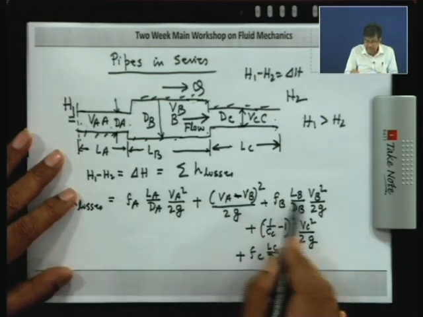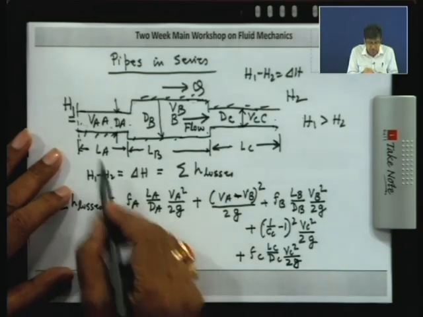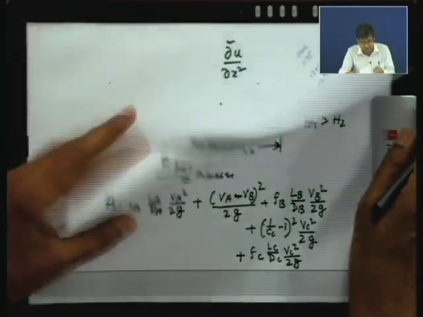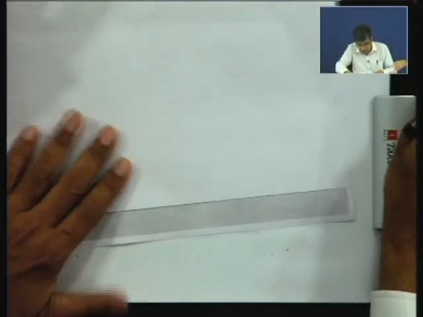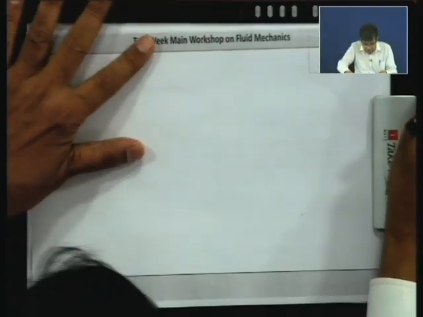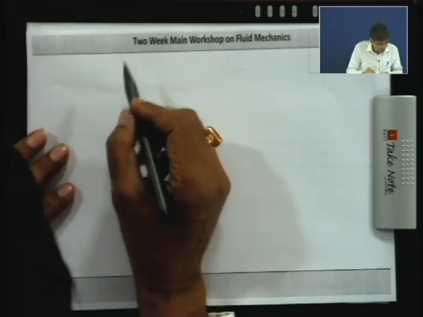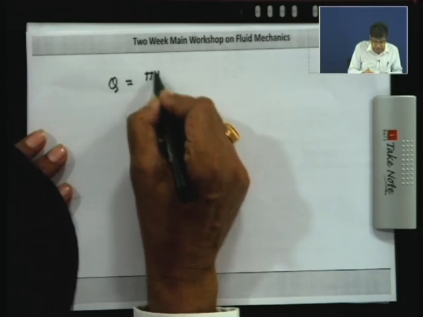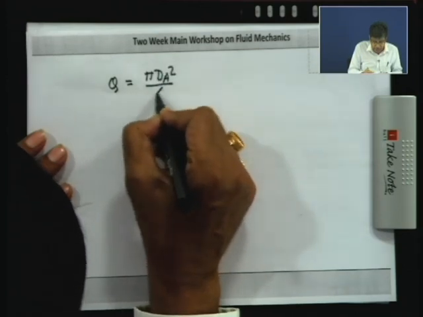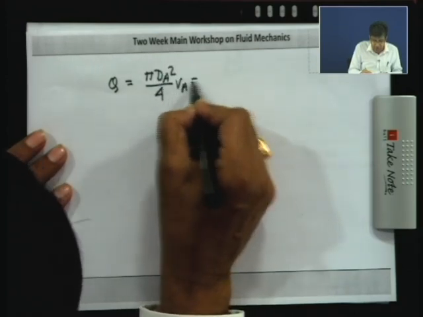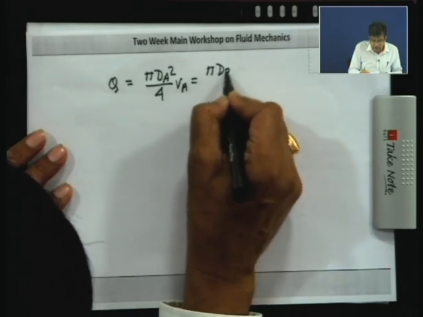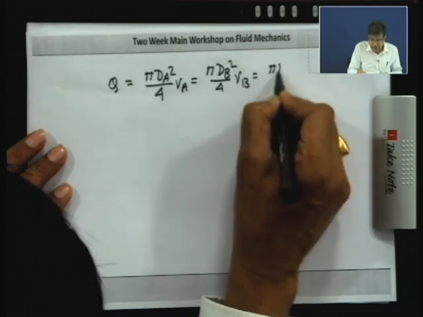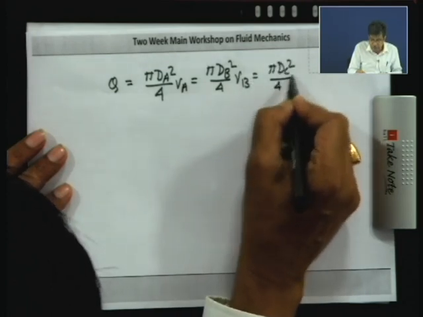So, all the losses are added. This is the total losses, equal to the head causing the flow. Now, in a similar way as I showed you earlier, we can write the flow rate Q as satisfying this equation: pi dA square by 4 into VA is equal to pi dB square by 4 into VB is equal to pi dC square by 4 into VC.